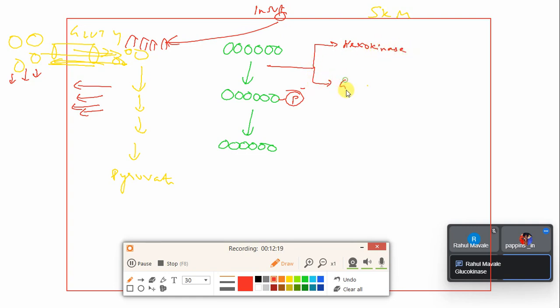One is hexokinase and one is glucokinase.